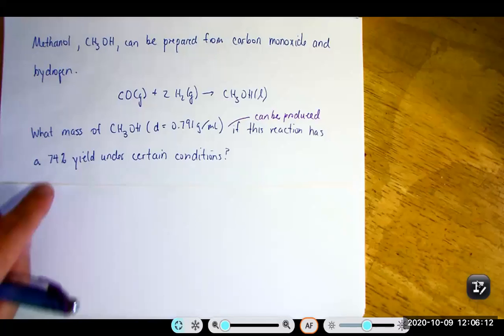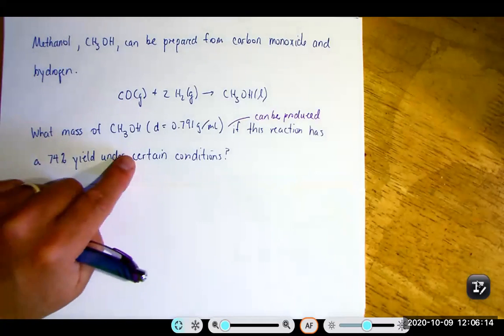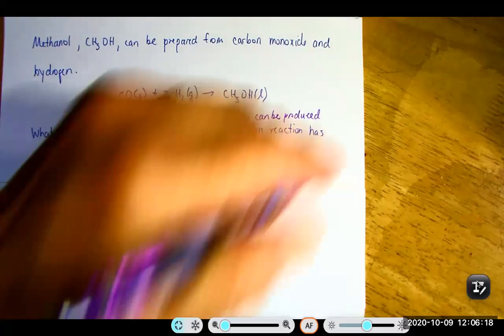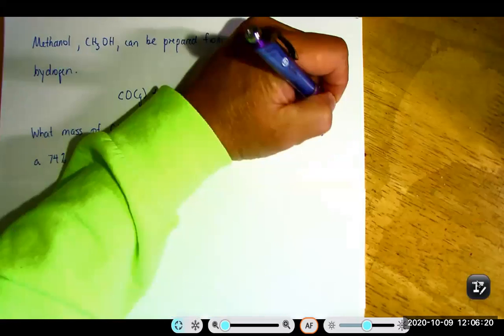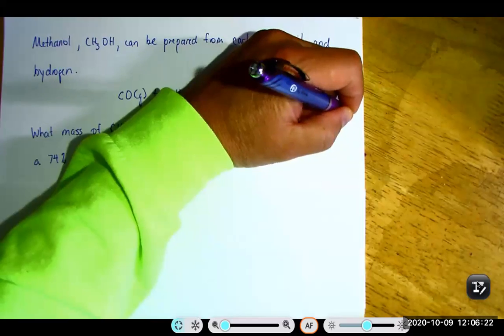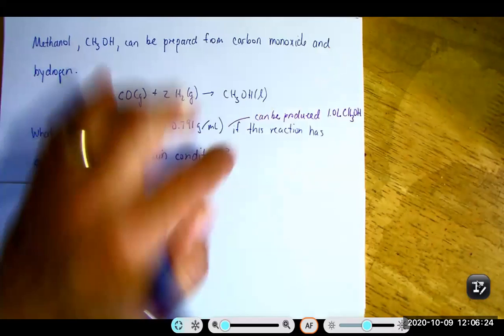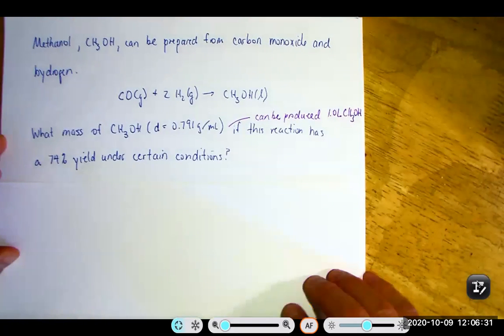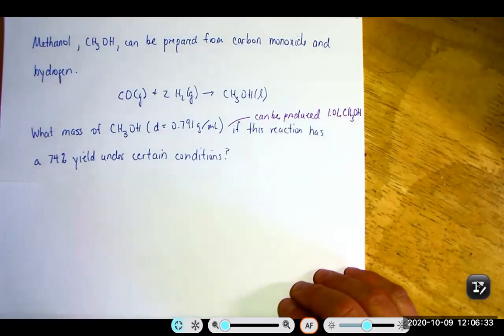It should be what mass of methanol is required to produce 1.0 liter of methanol if this reaction has a 74% yield under certain conditions. Okay, so the reason I like this problem is it tells you what 74% means.